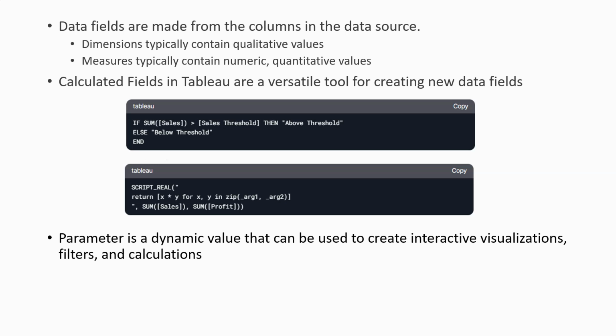We can write R scripts and also Python scripts inside the Tableau environment by using the keyword called script. There you can write code for R programming, and also Python programming. And the parameters are dynamic values which are used to create filters in order to provide interactive visualizations and calculations in our worksheet.